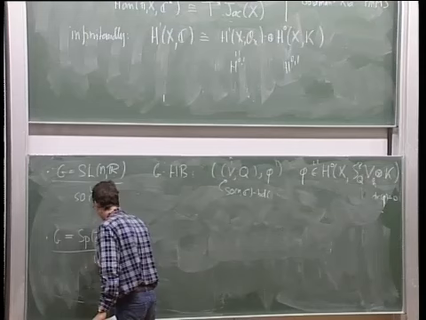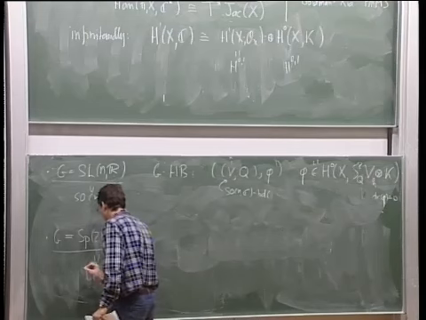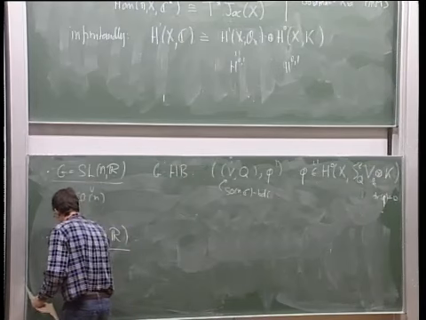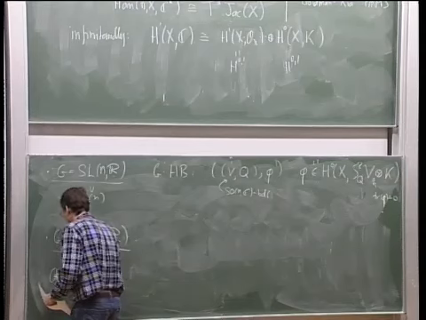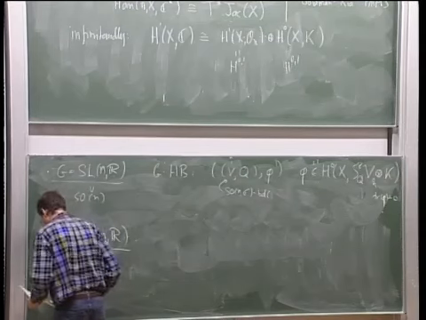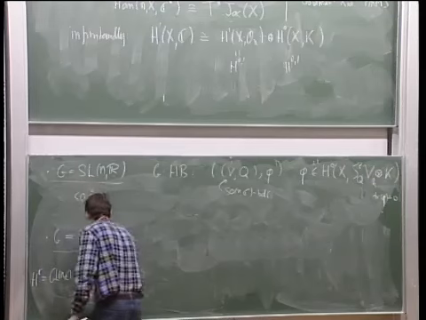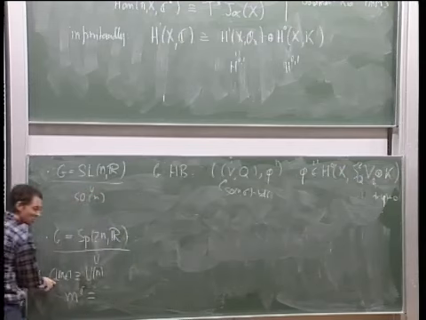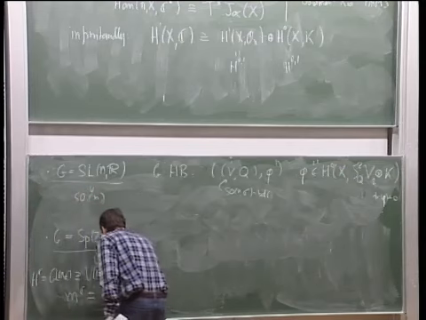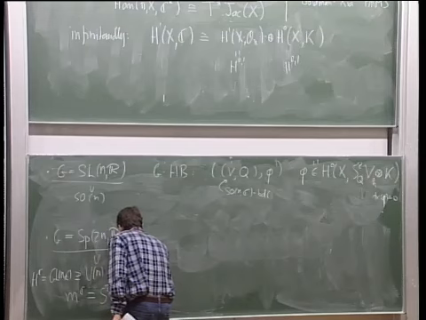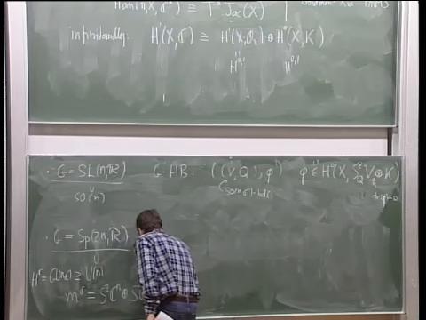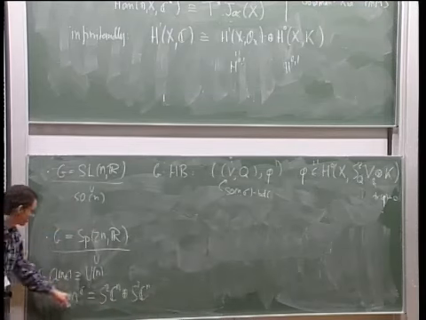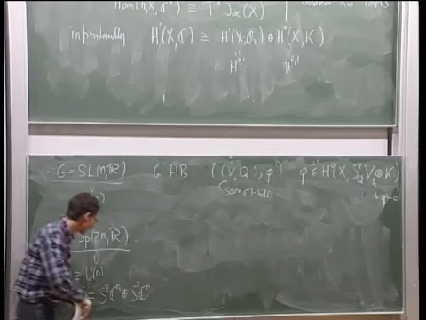So the maximal compact here is UN. The complexification is GLN C, so this is our H. And the isotropy representation here in terms of the standard representation of GLN-C is the second symmetric product, direct sum with its dual. Okay, so this Cn is the standard representation of GLN-C, and I should have put a dual here.